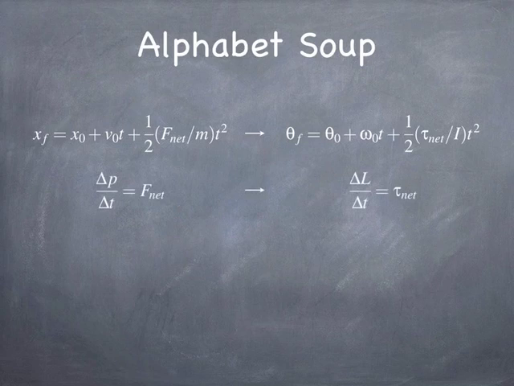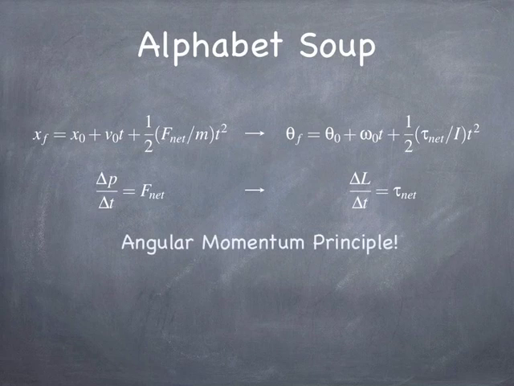That's the idea. Also, just to point out that the rate of change of momentum equals the net force, which looks a lot like the rate of change of the angular momentum equals the net torque. So the momentum principle and the angular momentum principle are really strongly related by this correspondence between translational quantities and their rotational analogs.